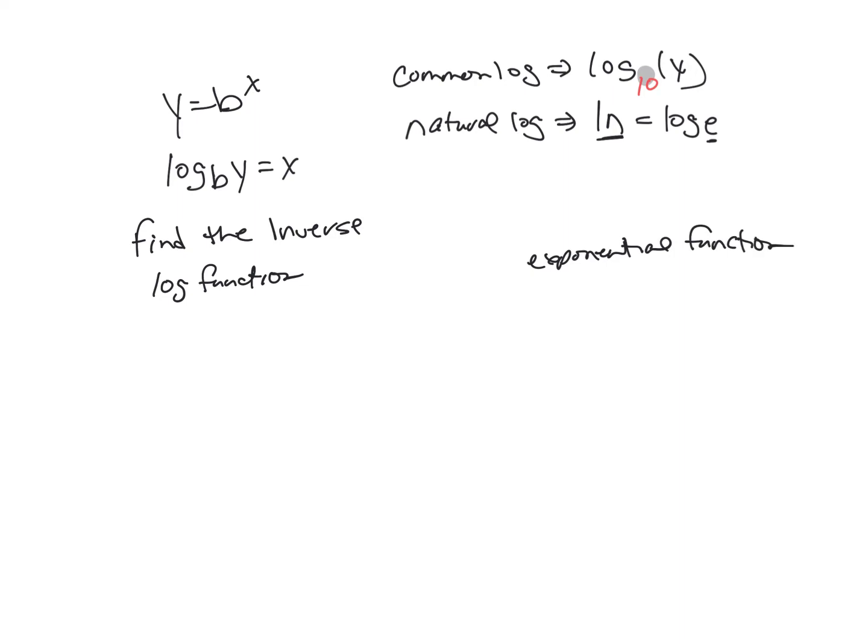Okay, so the first thing that I want to look at is if it was a log function. Let's say we had log base 7 of x equals y. So remember, the first thing that you're going to do with an inverse function is we're going to flip our x and our y.